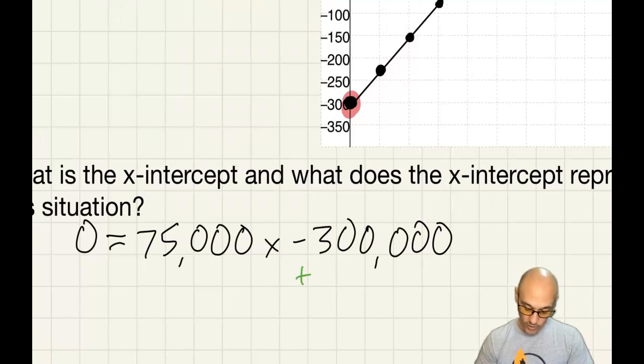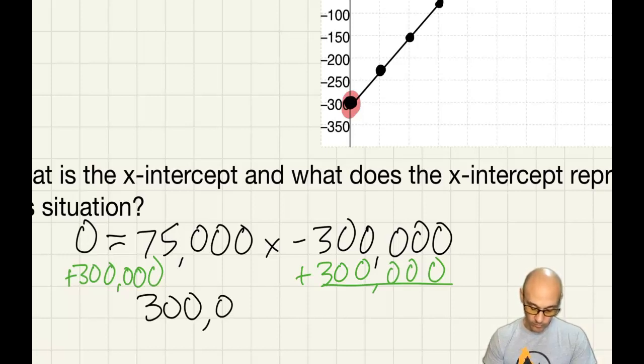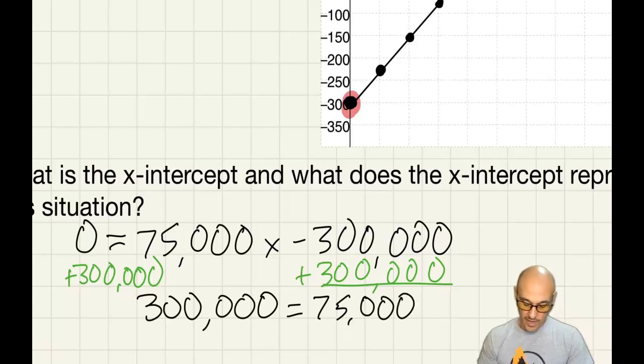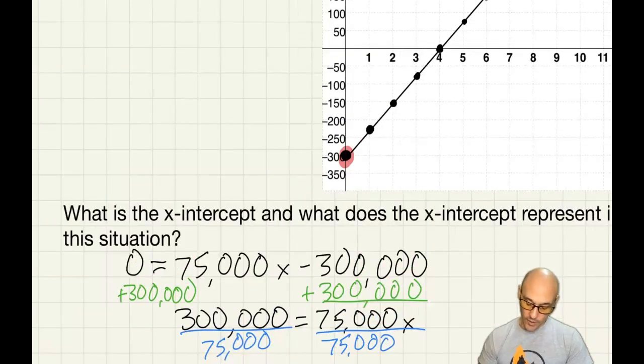So we're going to add 300,000 to both sides. And we'll get 300,000 is equal to 75,000x. And in order to solve there, we need to divide both sides by 75,000. And when we do that, we get 4 is equal to x.